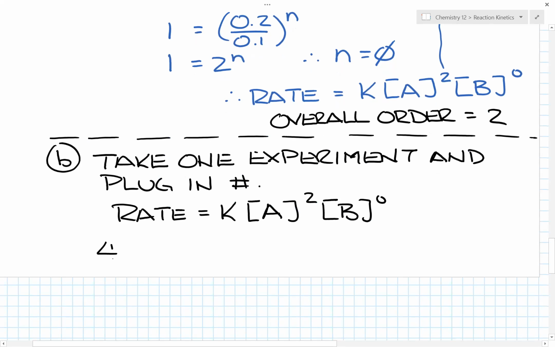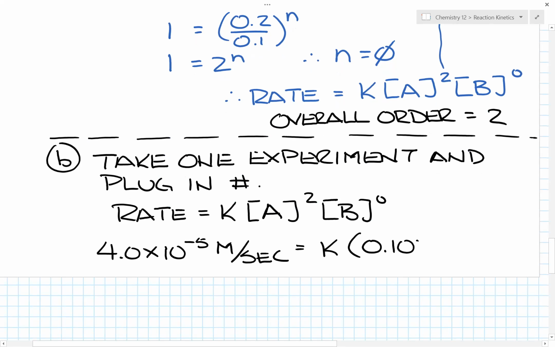This would be 4.0 times 10 to negative 5 molarity per second is equal to K times 0.100 molarity all squared.